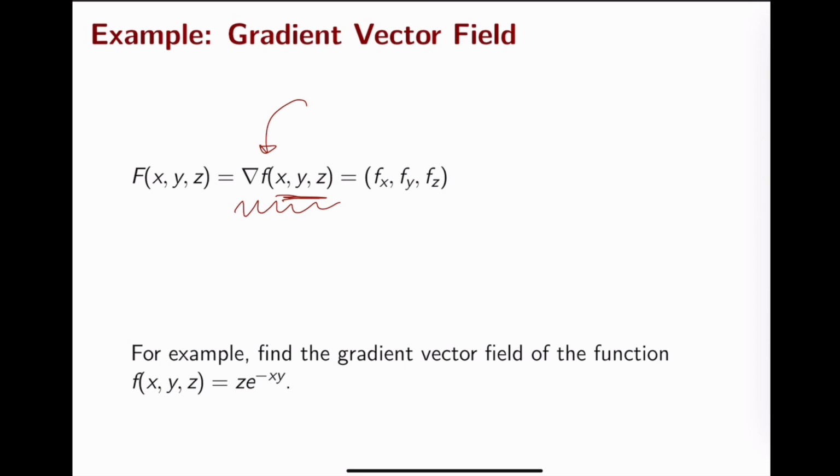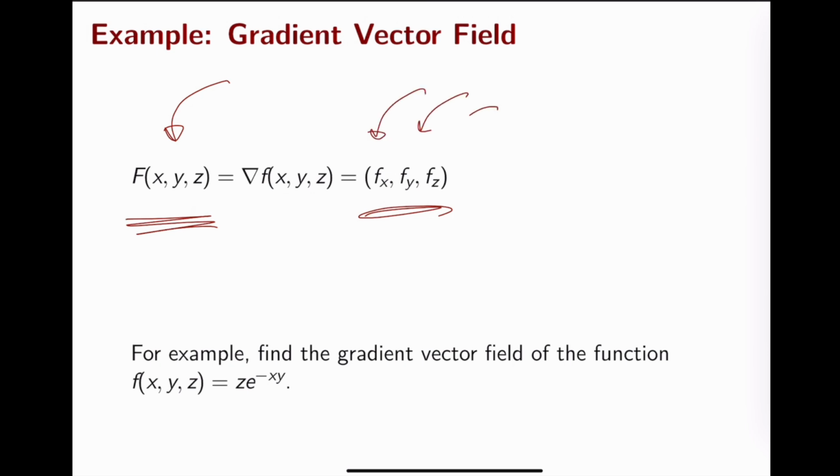Small case f is a function of 3 variables with values in R. We have seen those functions before, where we can calculate the partial derivatives, the directional derivatives, etc. Well, if we calculate the gradient of this function, meaning the derivative respect to x, respect to y, and respect to z, that is an example of a vector field, because it's a function, capital F now, that to each point x, y, z in the space associates a vector, and this vector is given by the partial derivative respect to x, respect to y, and respect to z.